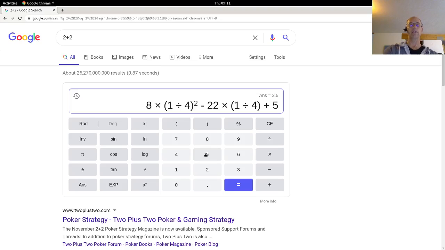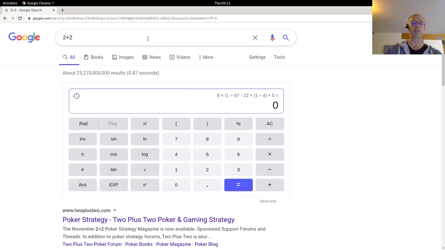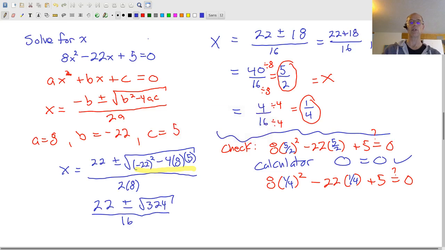Okay, 8 times 1/4 squared minus 22 times 1/4 plus 5 looks better. And I got a 0 this time, which means I probably typed it right because I was hoping to get a 0. So again, in my notes here, I'm just going to say I used a calculator. Calculator says it's 0. Check. Cool.